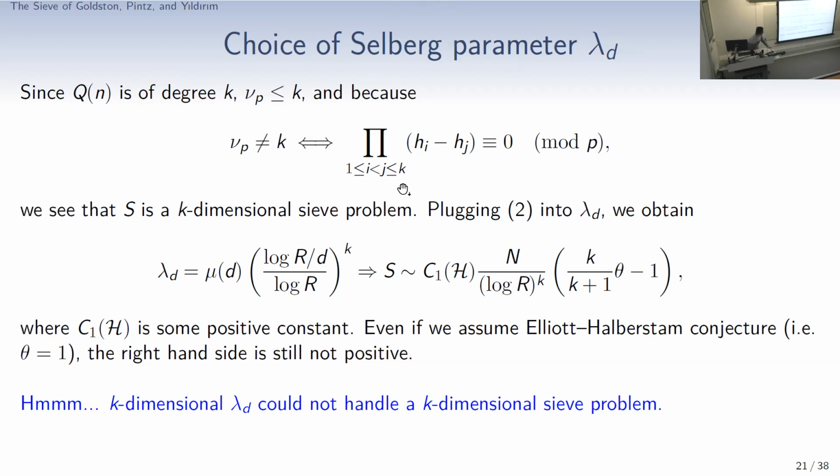You see that S is the k-dimensional sum, right? Is this k the same k as the tuple? Yes, that's the same. It's the same because this polynomial is a degree-k polynomial. Yeah, and the dimension comes from here.